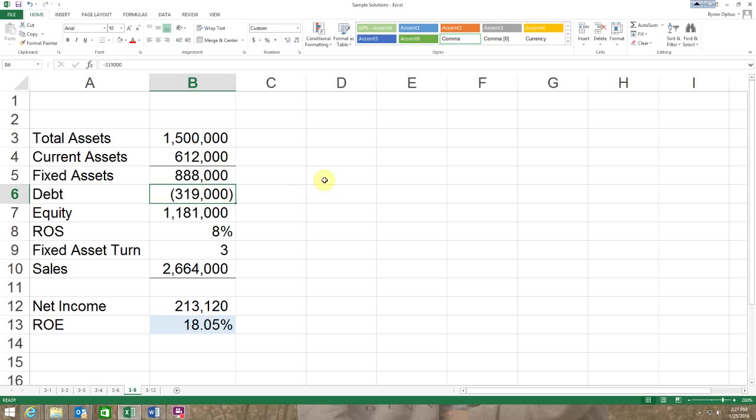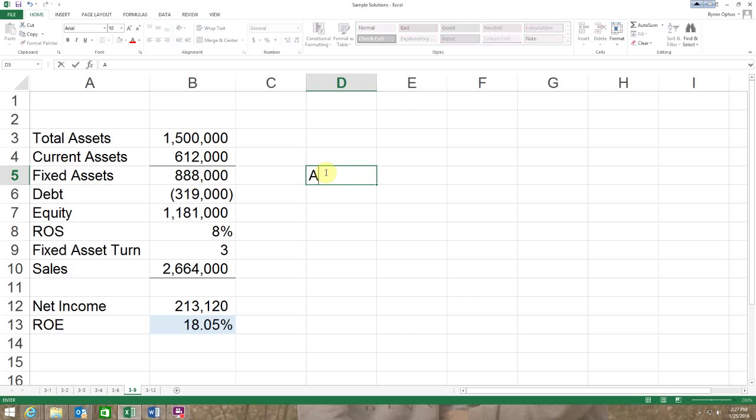Well, remember the accounting equation? And sometimes you could do this in a couple different ways, but let's do it this way: assets are equal to liabilities plus owner's equity.